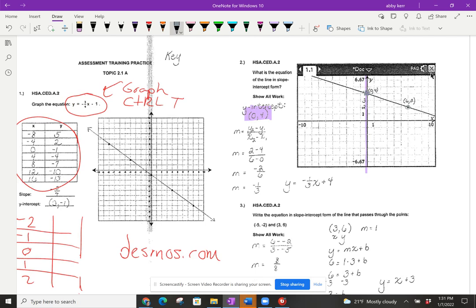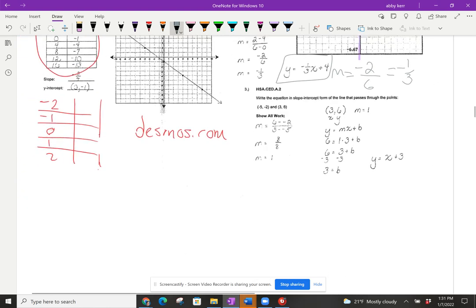How many did I fall? I fell 2. How many did I go to the right? I went 6. So -2 over 6 simplifies to -1 over 3, which is our m value. You put the two things together to get y equals mx plus b.